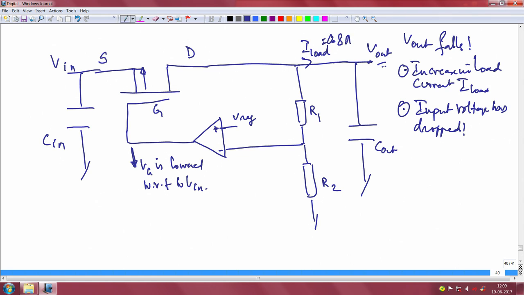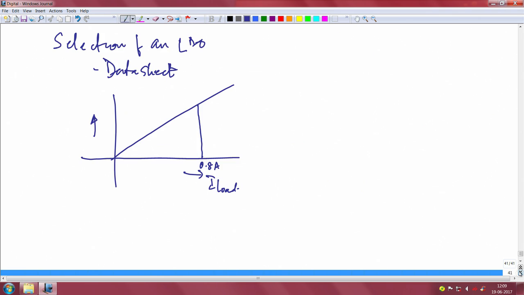So this is your I load, which is 0.8 amps. You have to look at the data sheet and always discover, for this load current, what is the dropout voltage.